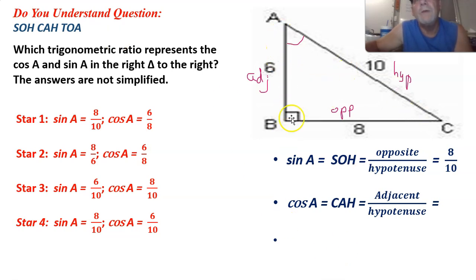So that's going to be 6 over 10. So that's choice 4. Hopefully you're able to get that right. And usually this would be called 4/5. This would be 3/5. And then you would write that as 0.8000 and 0.6000, but we'll deal with that later.